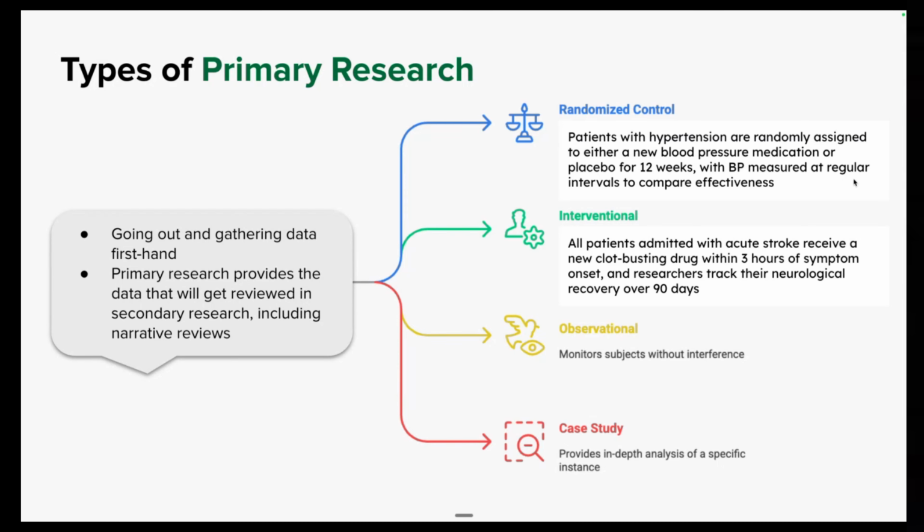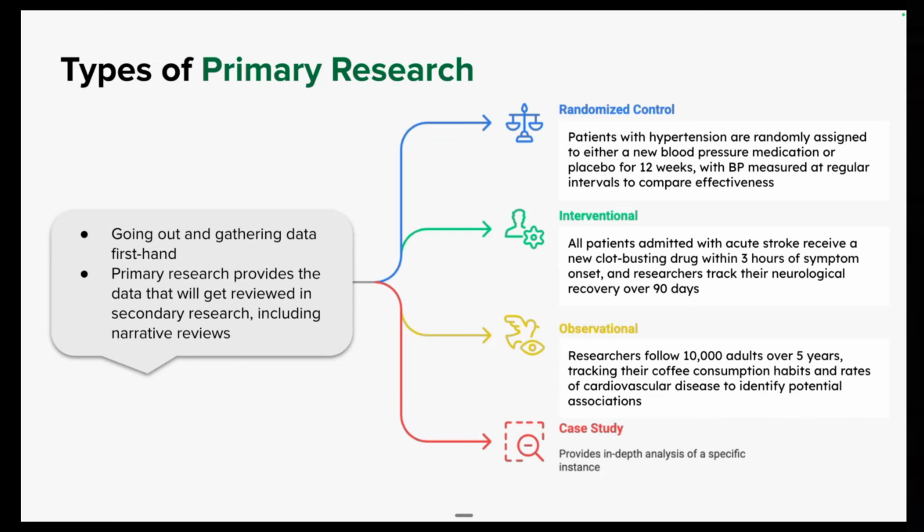Interventional, so all patients admitted with acute stroke receive a new clot-busting drug within 3 hours of symptom onset. And then the researchers track their neurological recovery over 90 days. So they're giving the intervention, and then we watch what happens. Observational, this one remains significantly relevant for me, it feels like, with the coffee consumption.